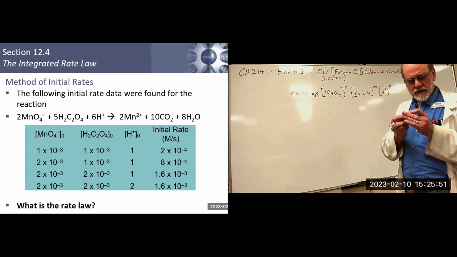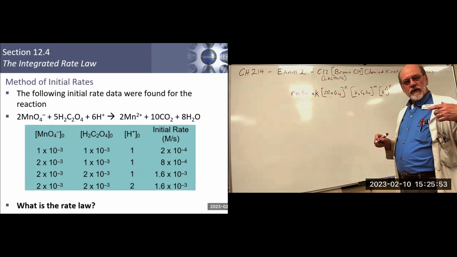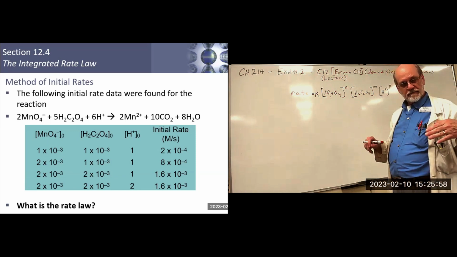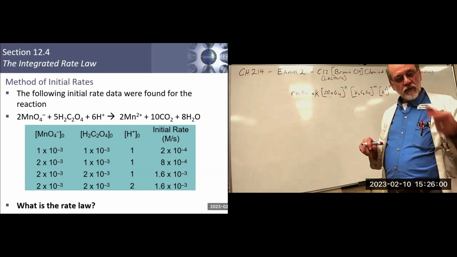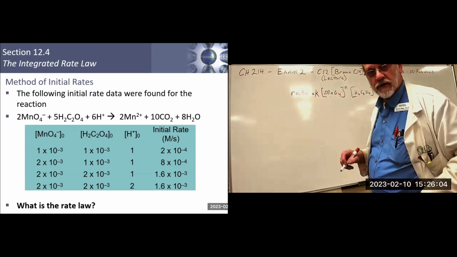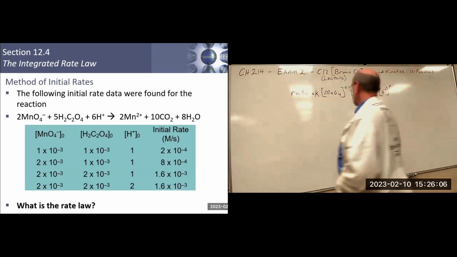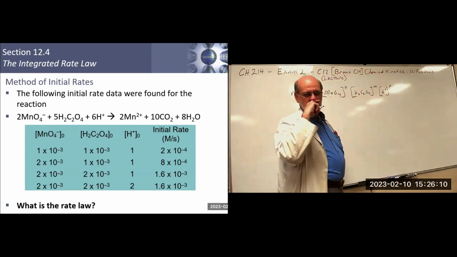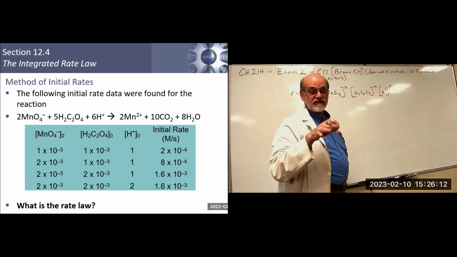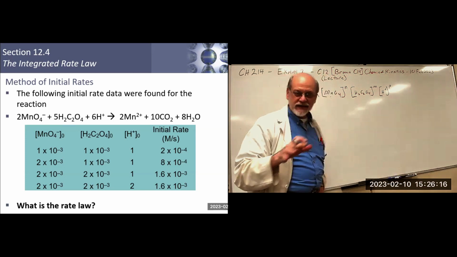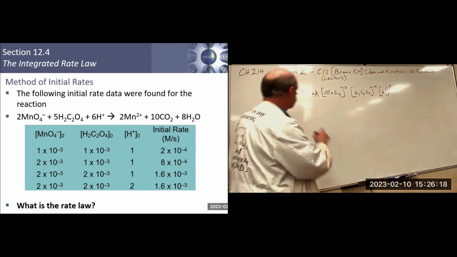Now, if we write this rate law for each one of those separate experiments, then we do them in pairs. Right? Let's do the second one first. So the second one will be, we'll actually put the values in there that we know. So what's the rate for the second one is 8 times 10 to the minus 4.